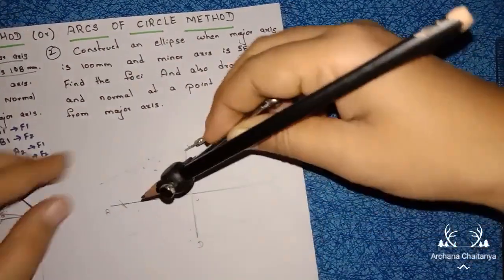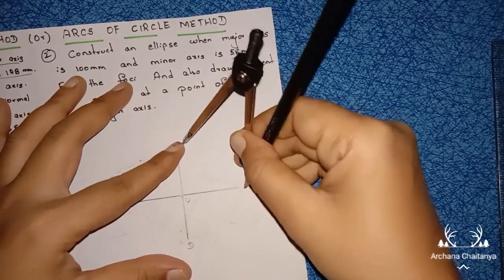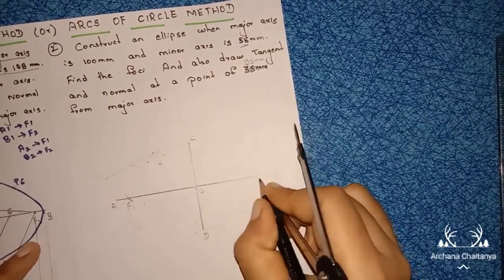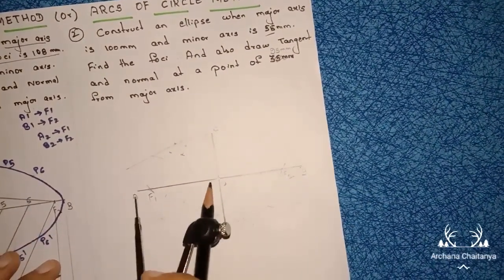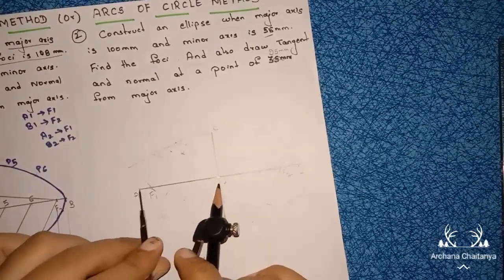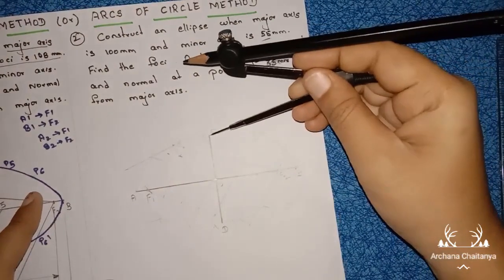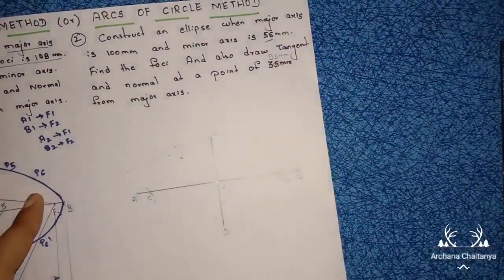F1. Right, same distance from here, F2. How am I marking F1 and F2? By taking this radius, OA radius, with C as center, I am marking F1 and F2 on this major axis.